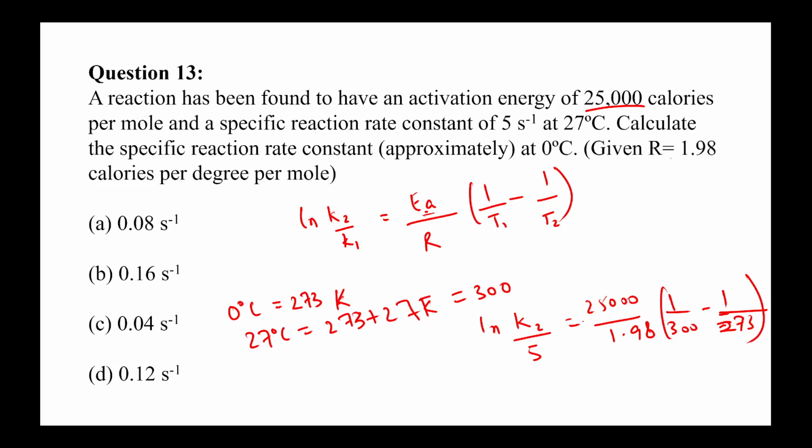If you take the log on the other side, this will be equal to e raised to the power of the whole thing. Okay, e to the power of 25,000 by 1.98 multiplied by 1 by 300 minus 1 by 273. So just a bunch of calculation. Request all of you to do the calculation.